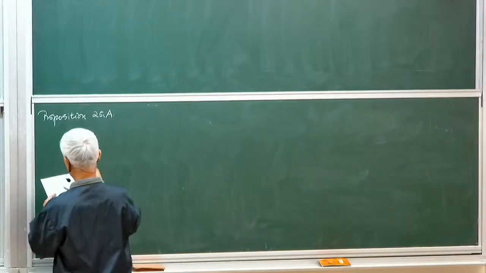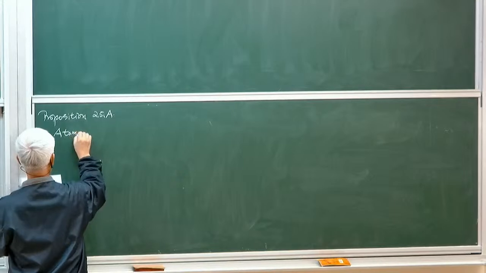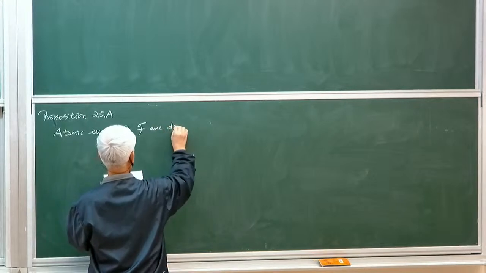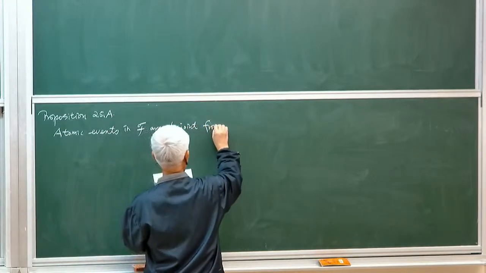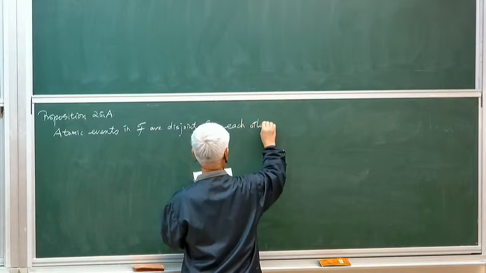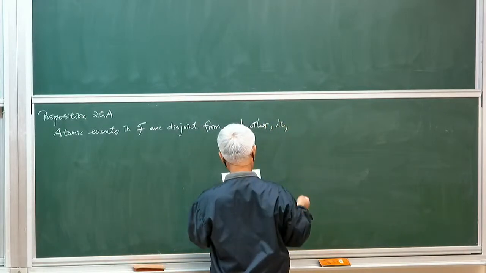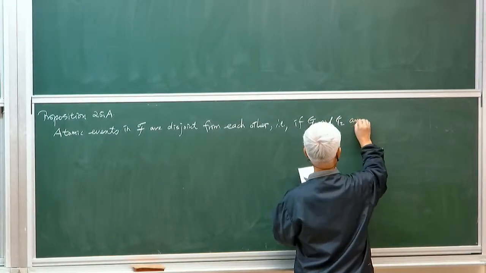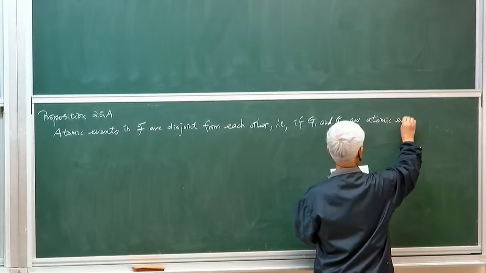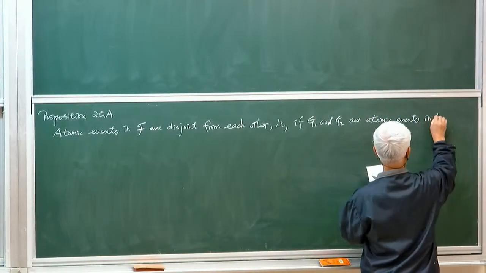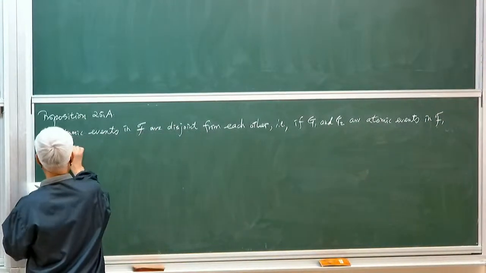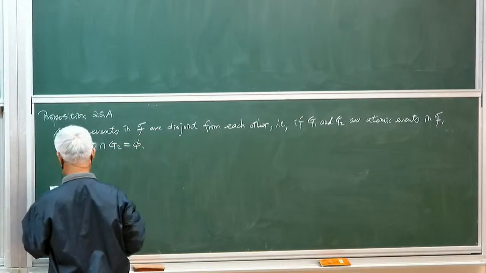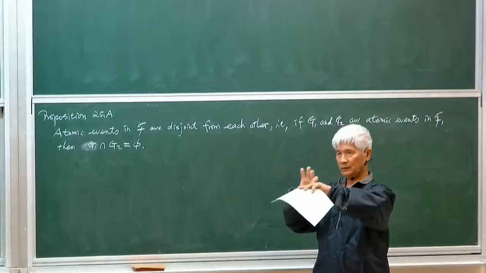The first one says that atomic events in F are disjoint from each other, namely if G1 and G2 are atomic events in F, then the intersection of G1 and G2 should be equal to the empty set. So atomic events should be disjoint from each other.